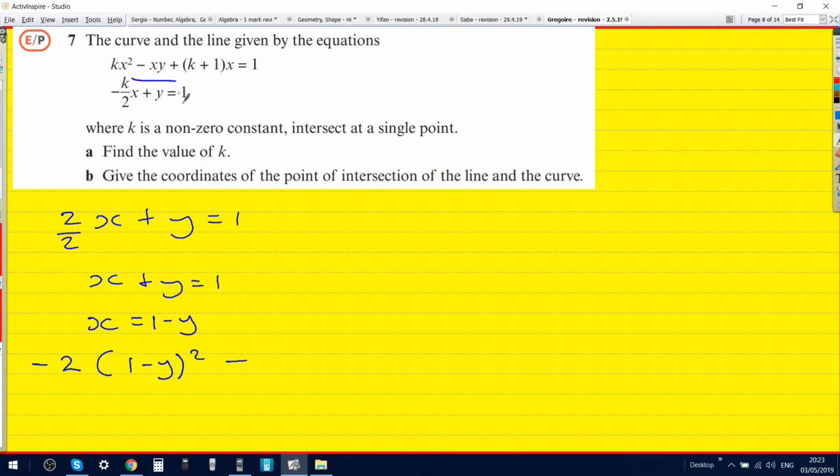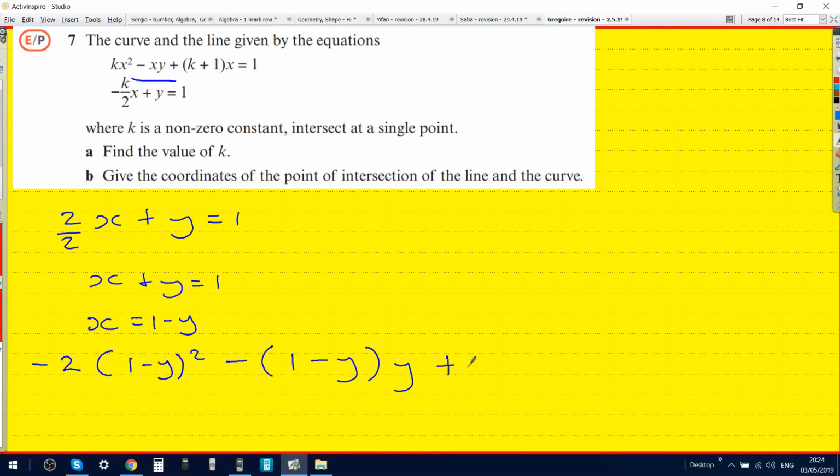So are we looking at the minus xy part? Yeah. What is x? x is 1 minus y. And then minus 2, k is minus 2. Oh, it's y. So just y.